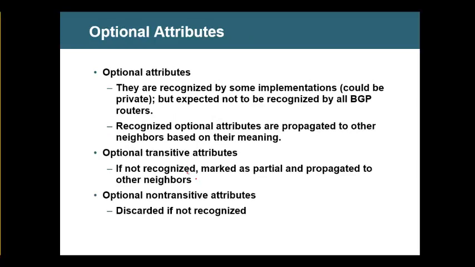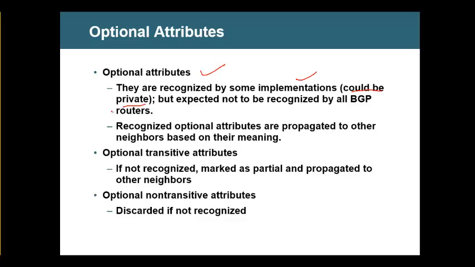Next, optional attributes. They are recognized by some implementations, could be private. It is not an attribute that every vendor knows. So it's the opposite of well-known.